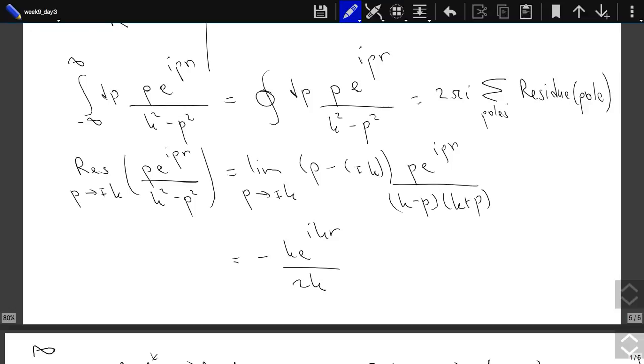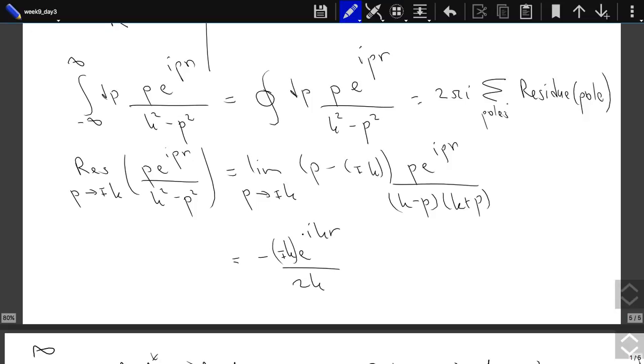Now, if I take the upper sign, I have p plus k, which cancels this p plus k. P goes to minus k, so here I have a 2k still. Instead of p, I have a minus k.